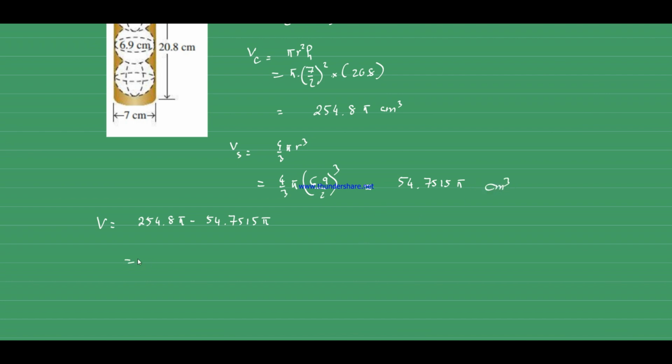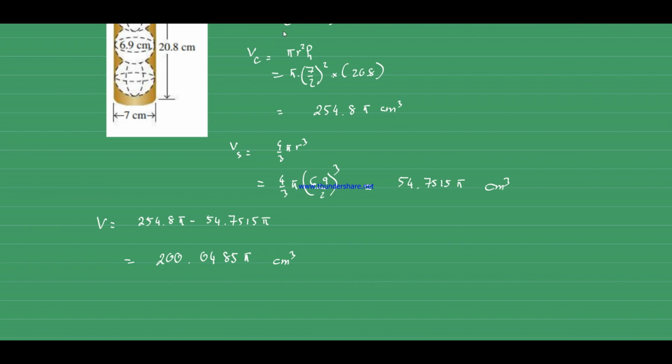So you take 254.8 minus that, and you have 200.0485 pi centimeter cube.